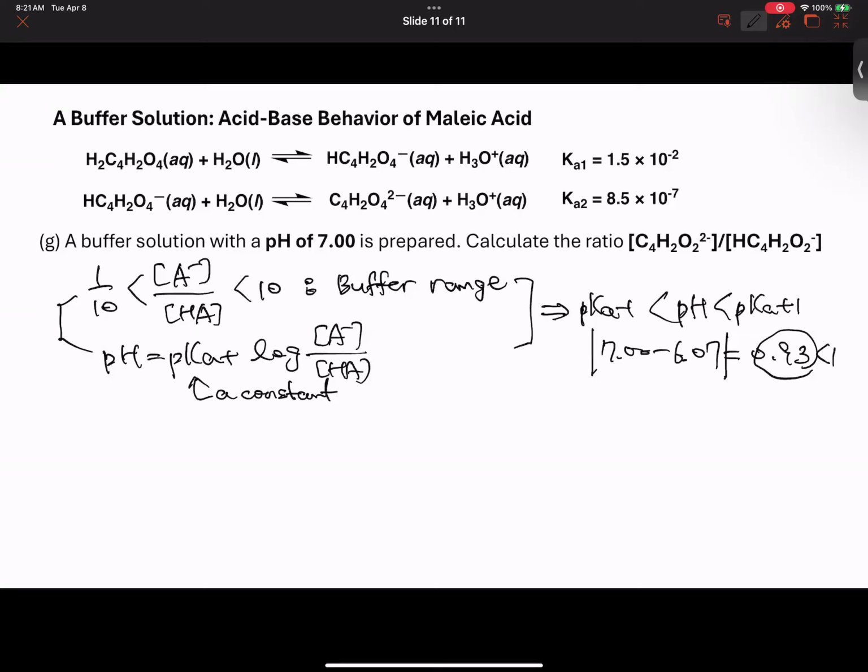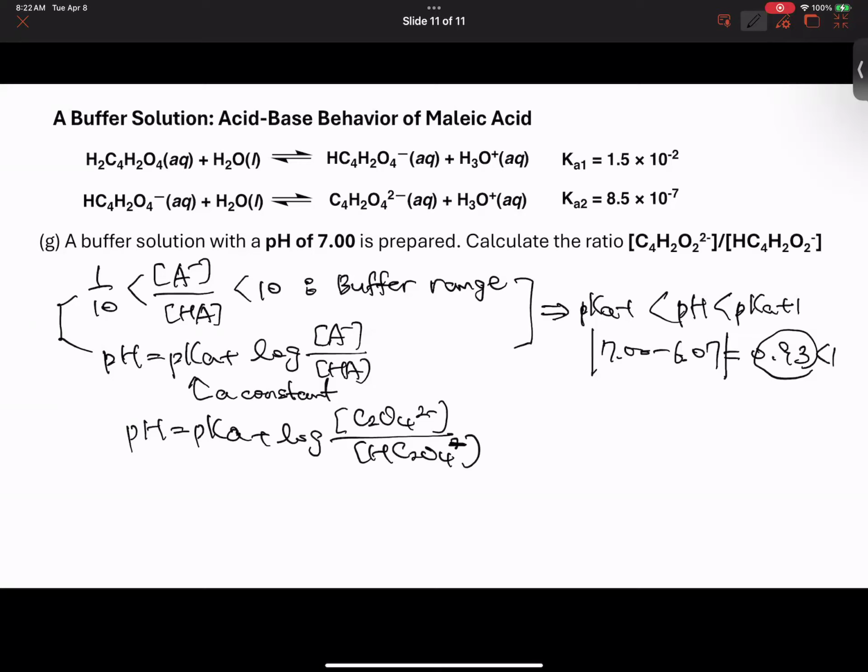And let's calculate the ratio. Let's write the equation. So pH is equal to pKa plus log of the conjugate base, which is malate ion, C2O4 2 negative, over the acid, which is hydrogen malate. Let's rearrange it.